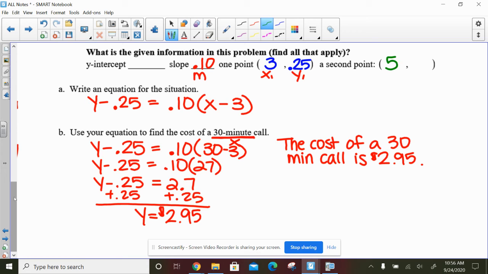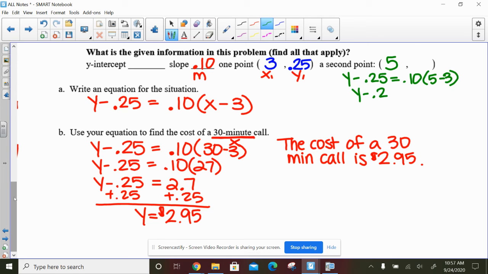If I wanted to know the cost for a 5-minute call, I would plug in 5 for my X. So Y minus 0.25 equals 0.10 times 5 minus 3. 5 minus 3 is 2. 2 times 0.10 is 0.2.